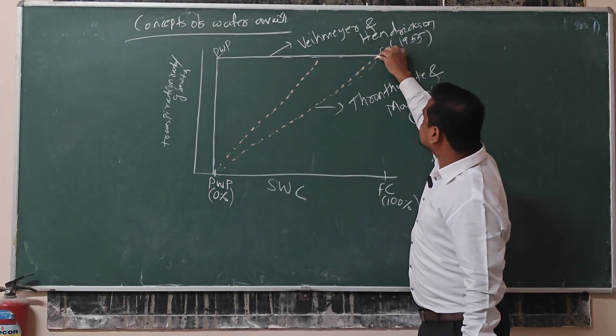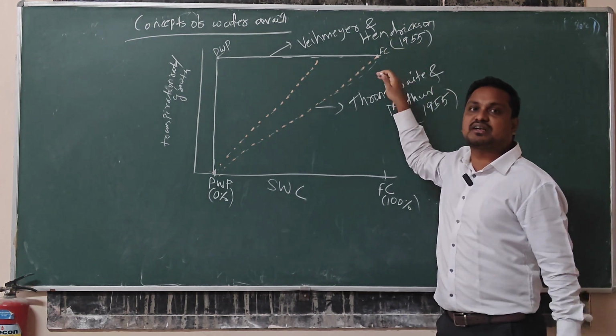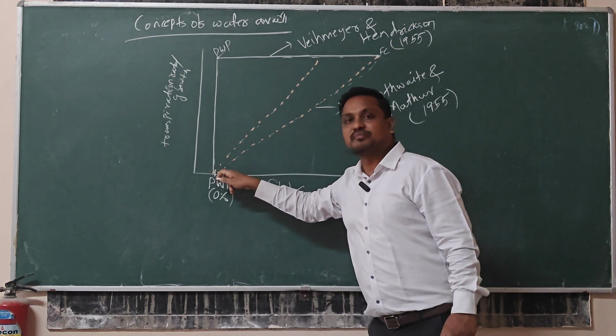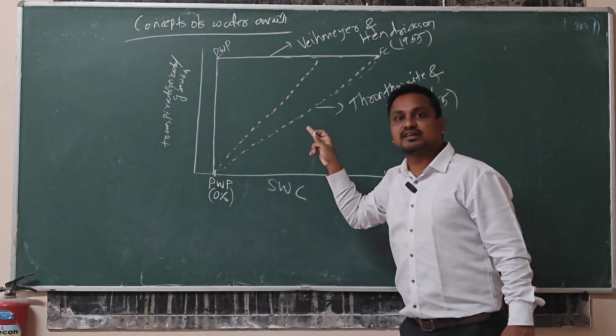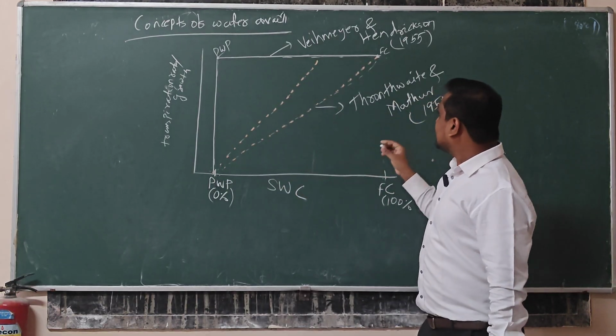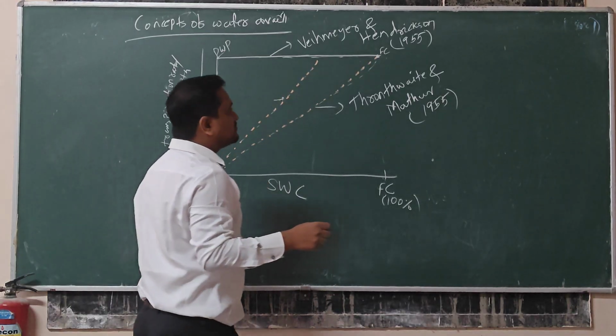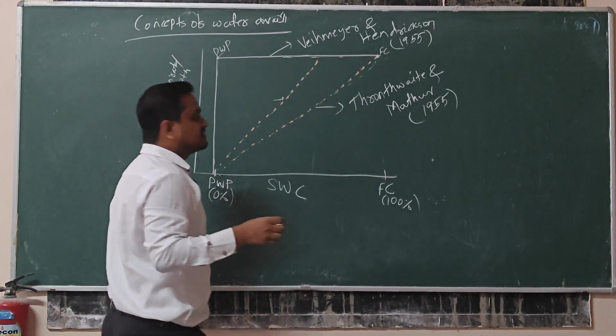At field capacity the availability of water is higher. As I decrease the water content from field capacity to permanent wilting point, the availability of water decreases. And all the scientists at that time were not satisfied.